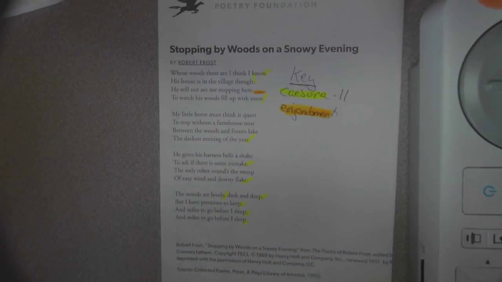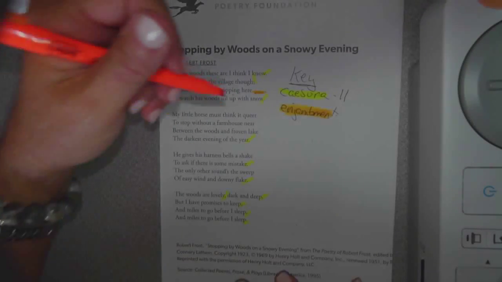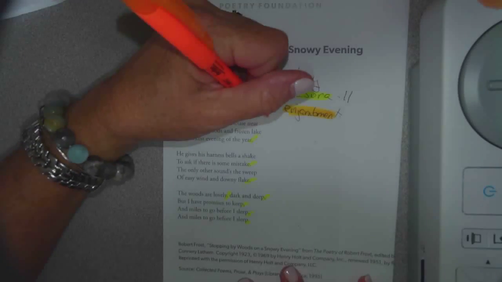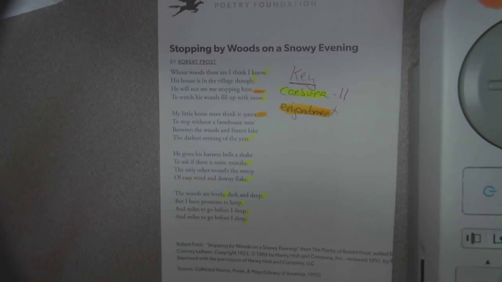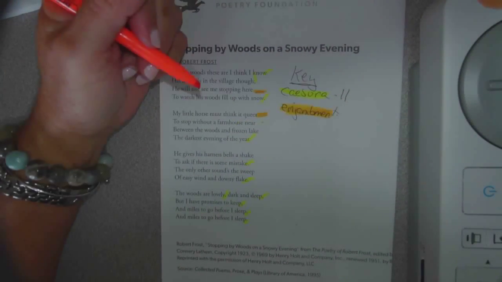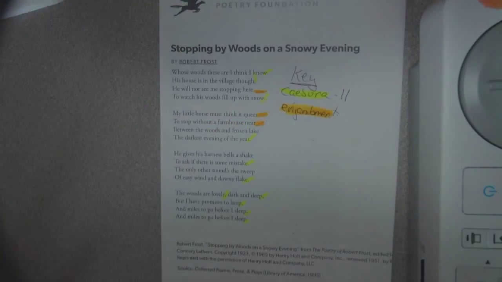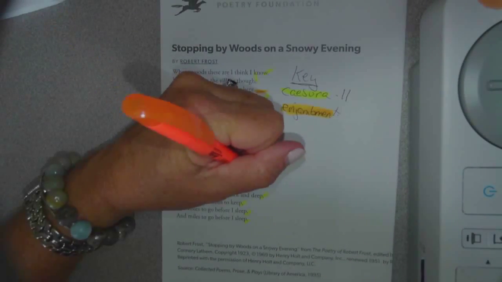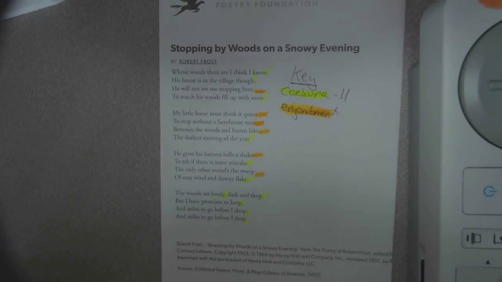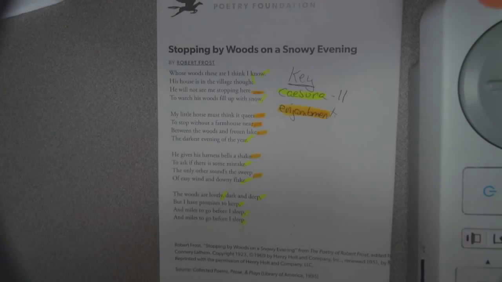He will not see me stopping here to watch his woods fill up with snow. Okay? There's one. The next one is second line. For the sake of time, I'm just going to go through. Queer, which means odd or strange. Near. Lake. Shake. Sweep. And that's it.